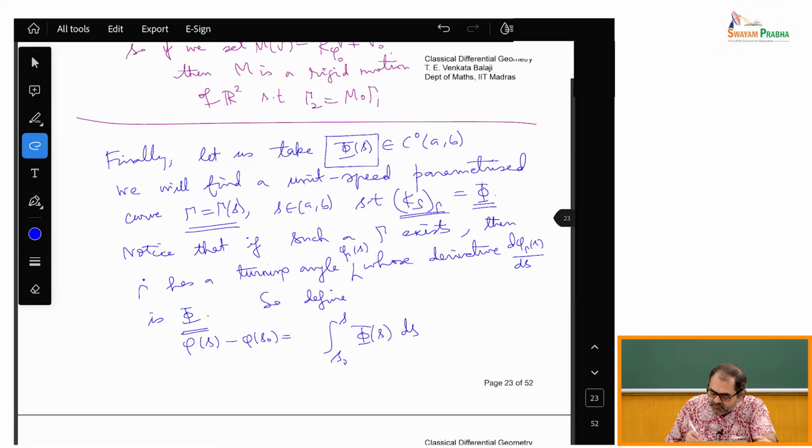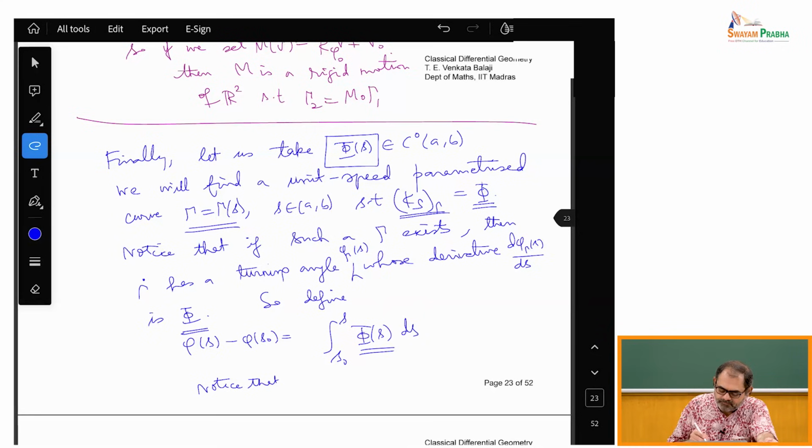Okay, mind you, capital phi is continuous and the integral of a continuous function exists. Okay, and the derivative of the integral is again the original function. Therefore when you take the integral, it's going to be differentiable and its derivative is the given function which is continuous. So that means the integral is actually C1. Okay.